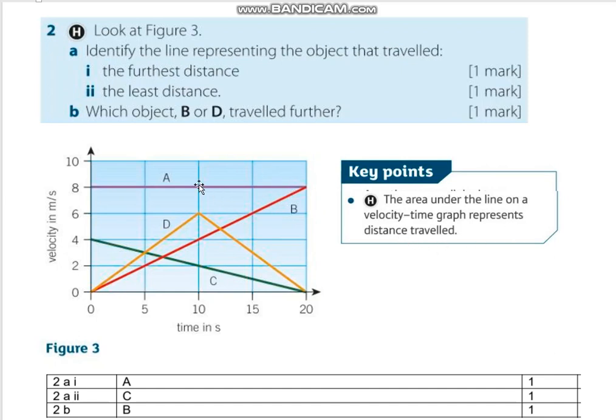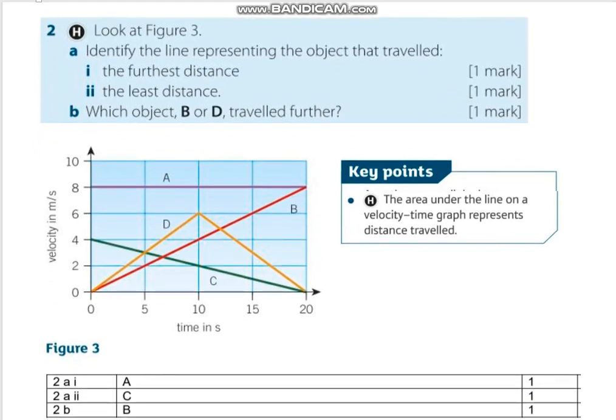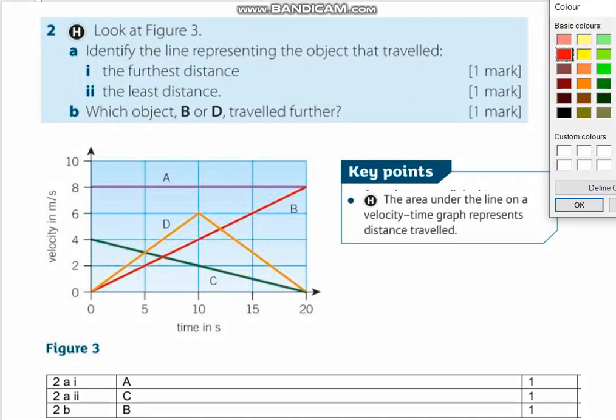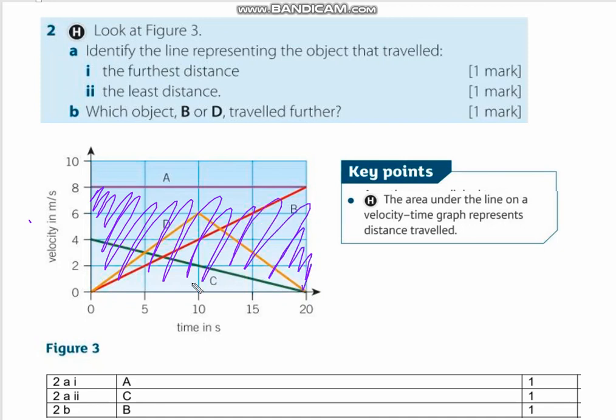So the line that has the biggest area underneath it will be the line that shows the object travelling the furthest distance. If we look here, we can see that line A going across the top has the biggest area underneath it. If I were to shade that area, I'll choose purple, the same as the colour of the line, you can see that the area under that line covers over the areas of all of the other lines.